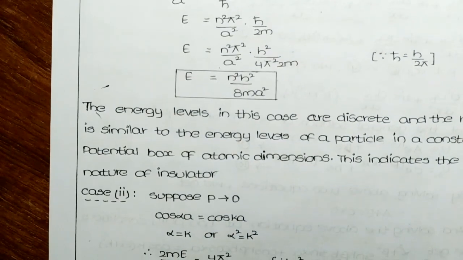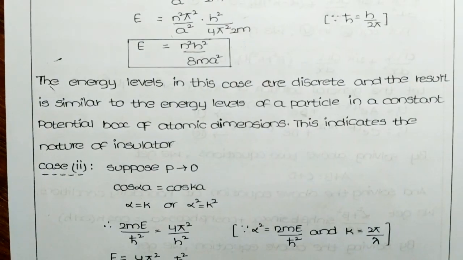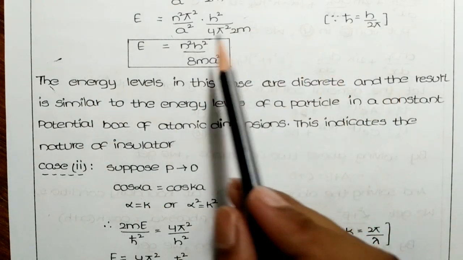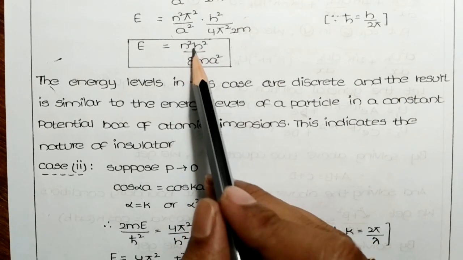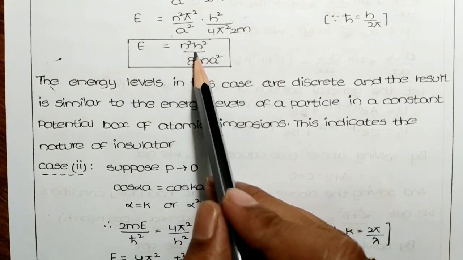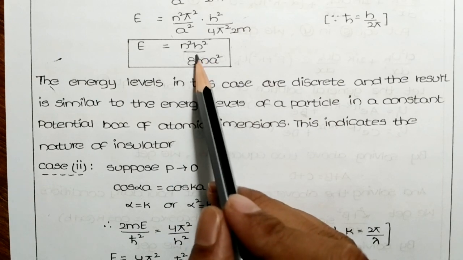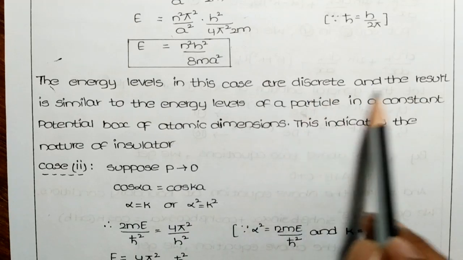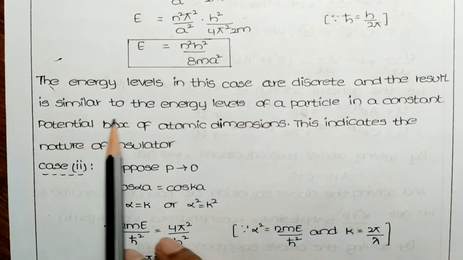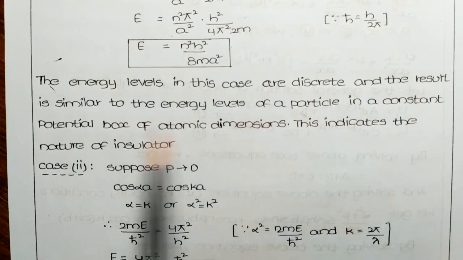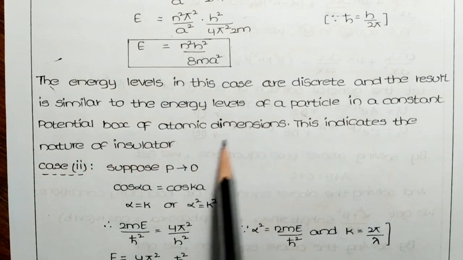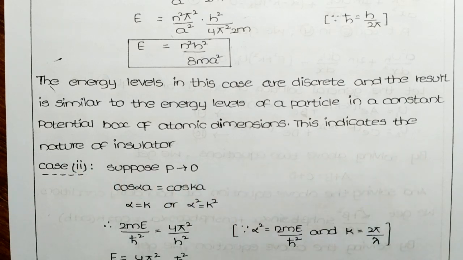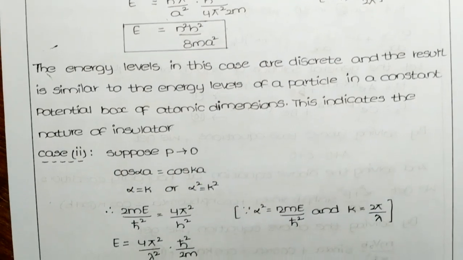Now, the energy levels in this case are discrete, as I explained in the potential well. The result is similar to the energy levels of a particle in a constant potential box of atomic dimensions. This indicates the nature of the insulator.